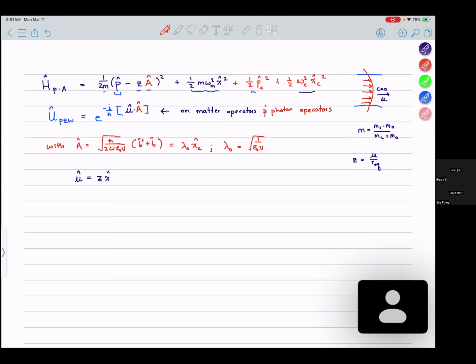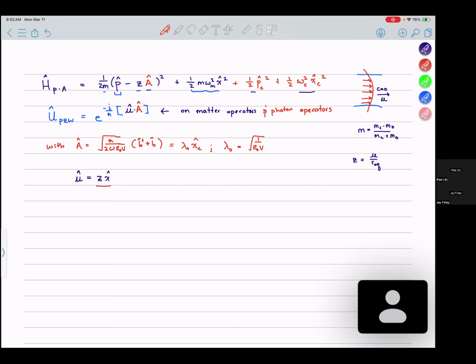The reason why is because this unitary operator is defined as an exponential of a product of a matter operator with a photon operator. So the matter operator is the mu hat operator, that's the dipole operator. We can also, if we want, write mu hat as the charge z times the position operator for the matter, x hat.